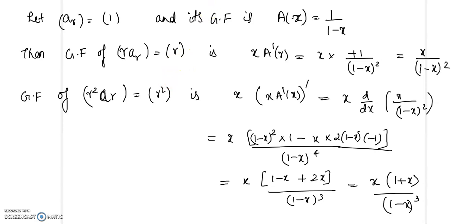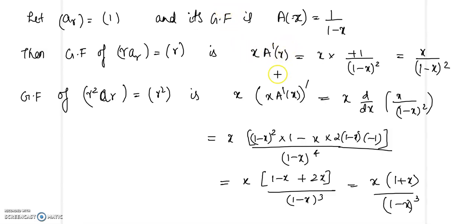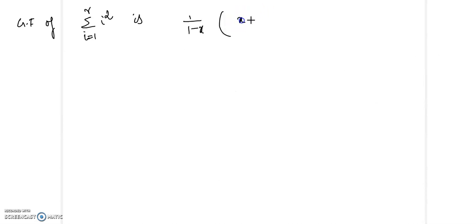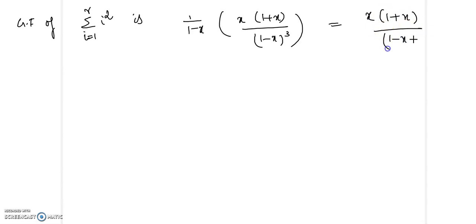Now let us find the generating function of the sum. So the generating function of summation i equal to 1 to r i square is, so we will get 1 by 1 minus x into this generating function, so that is x into 1 plus x by 1 minus x whole cube, so that will be equal to x into 1 plus x by 1 minus x whole raised to 4.